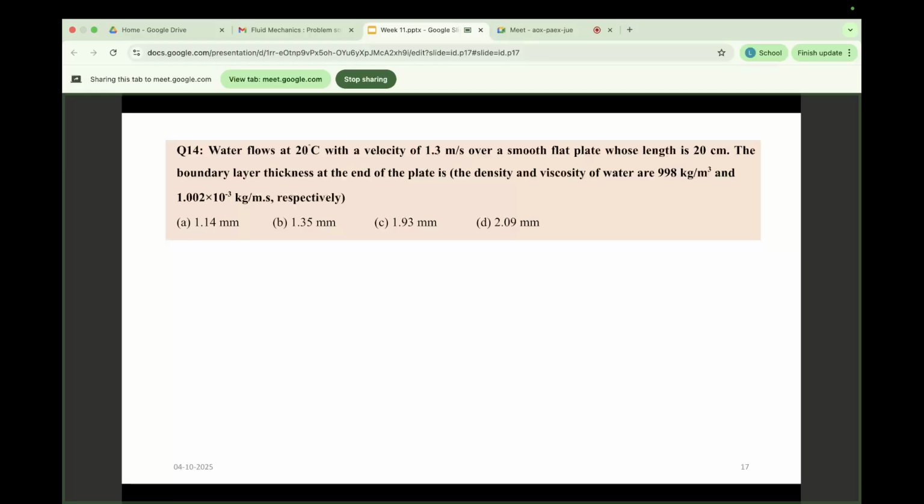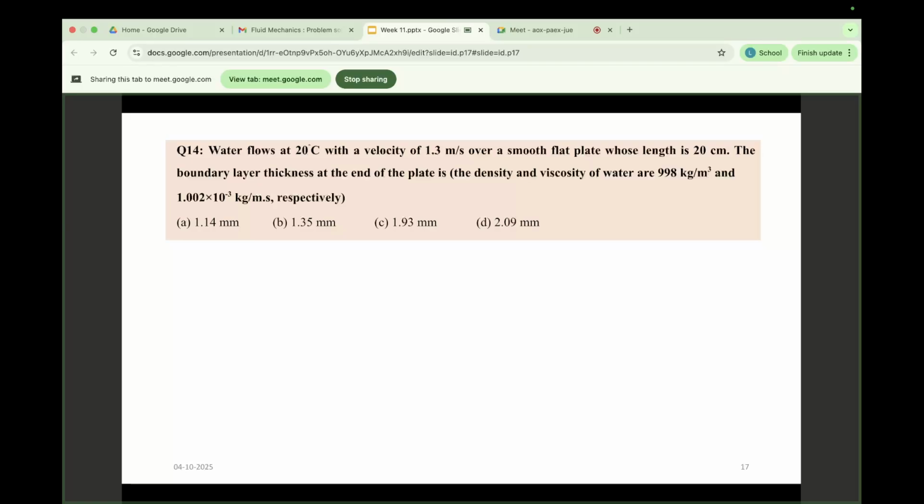As the velocity is given, you first have to check the Reynolds number, whether it's laminar or turbulent. Okay. So if the Reynolds number is less than 5 into 10 to the power 5, then it's laminar in this case.